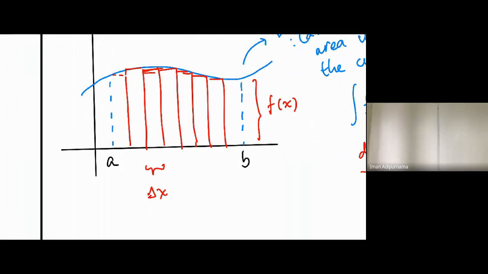So the area will be the total of this plus this plus this, right? And you can check the area: the delta x multiplied by the f of x, right? It depends on the height of the function. It's the function itself, right?